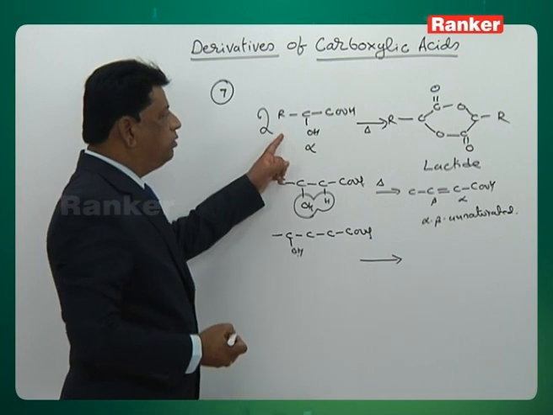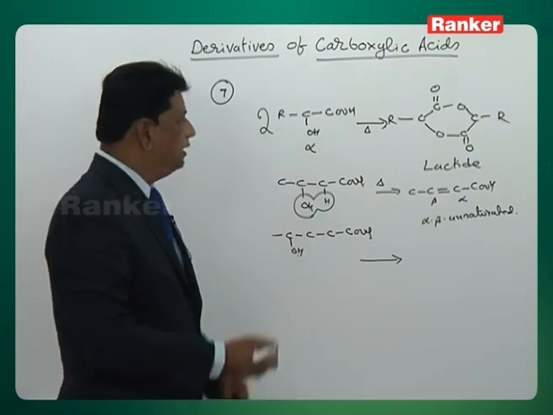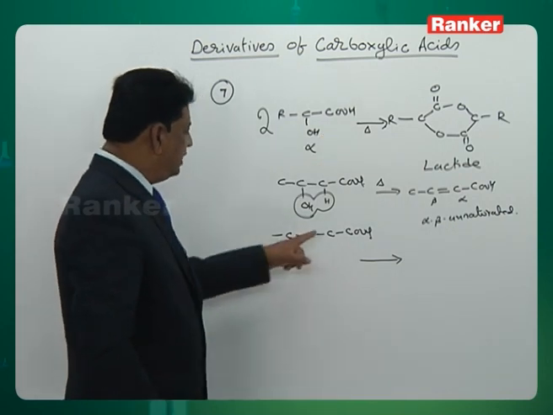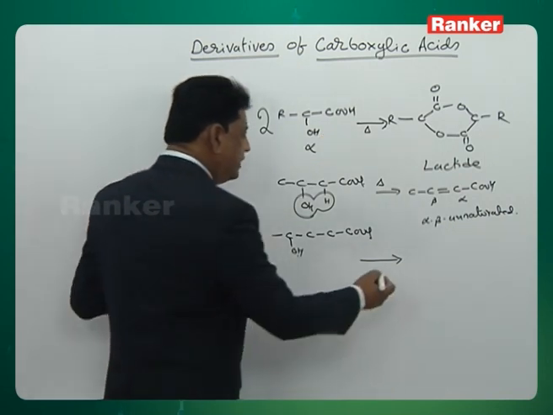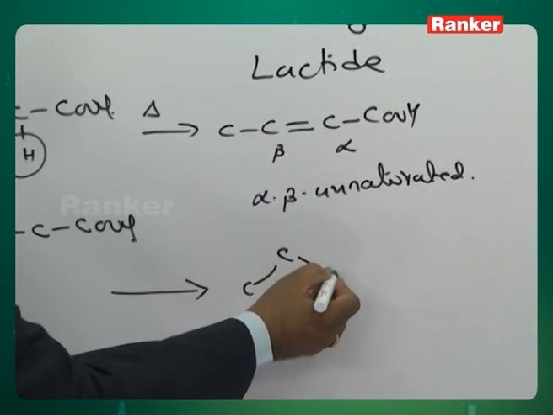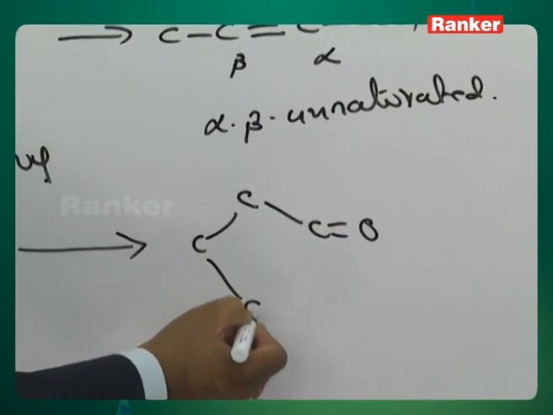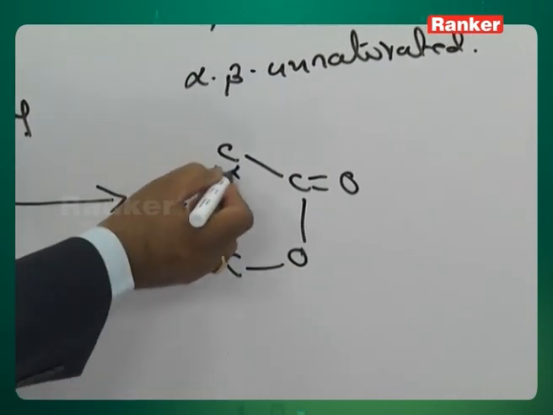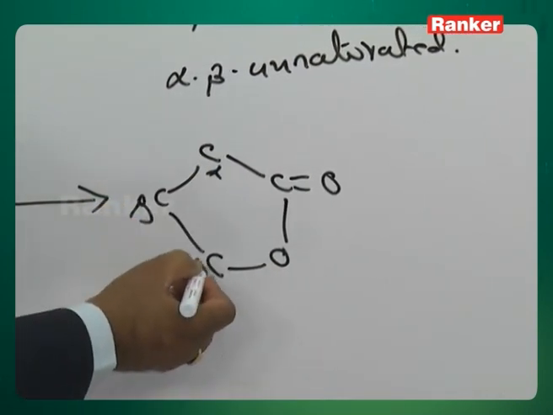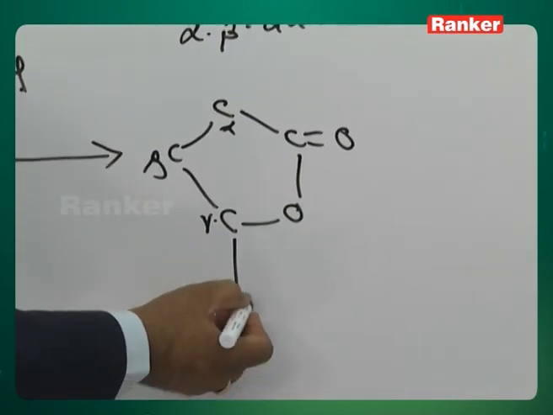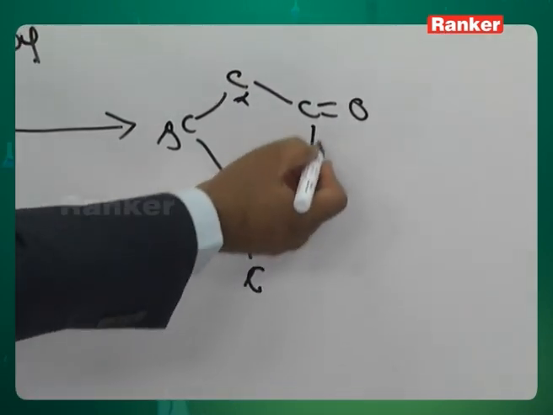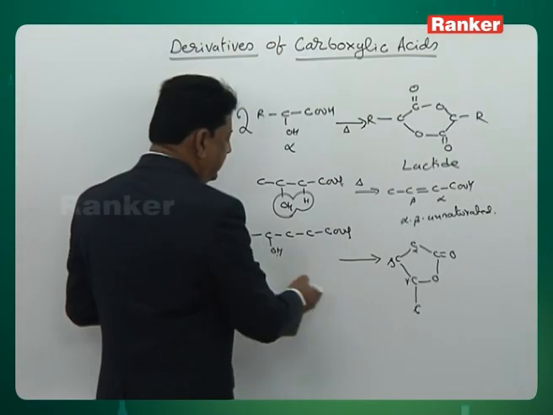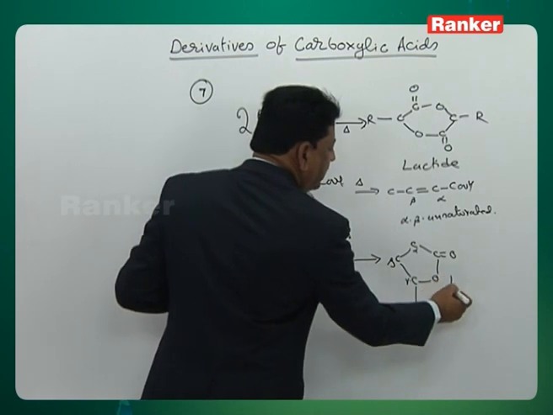This is intramolecular esterification, and it leads to the formation of a cyclic ester. This gamma hydroxy and the COOH eliminate water, which is nothing but esterification. This is called a lactone.